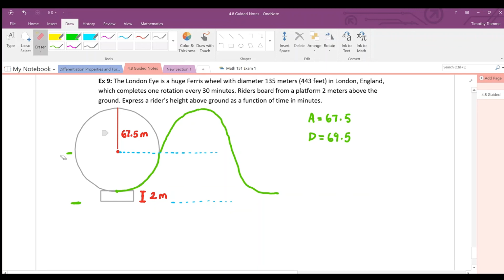Okay. And actually, we won't have a phase shift, so we're not going to have to worry about C. But in order to figure out B, we need to be able to figure out what the period is. So this says one complete rotation every 30 minutes. Okay. So the period is 30 minutes.